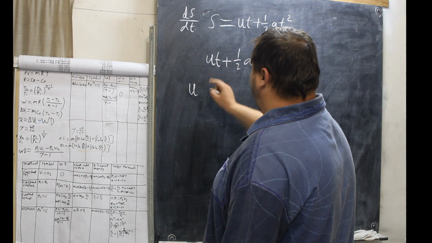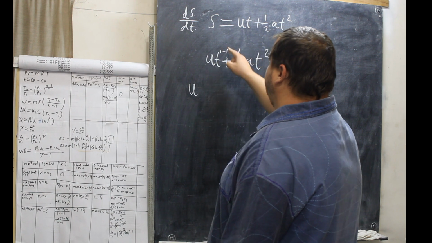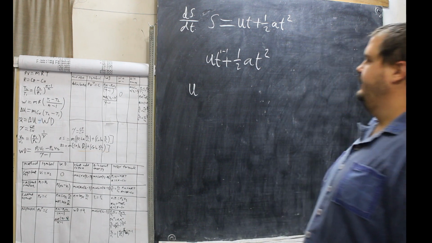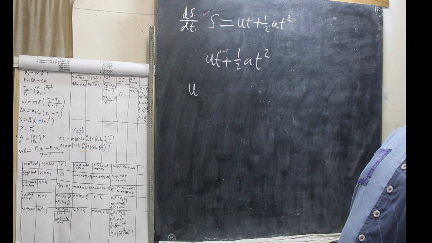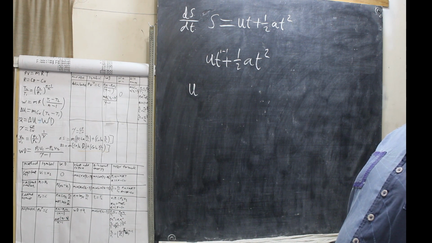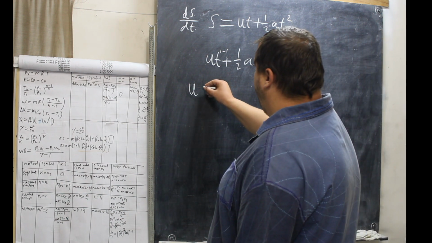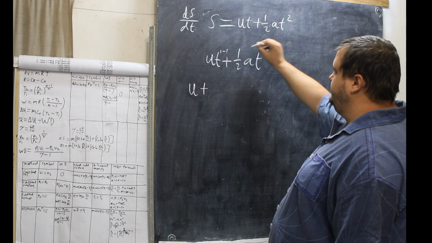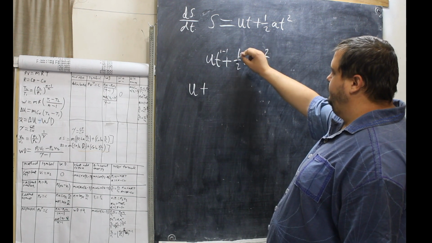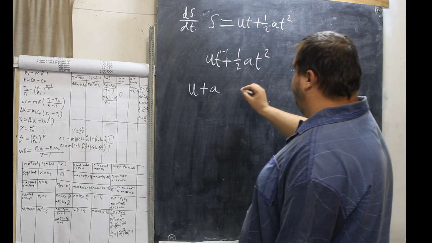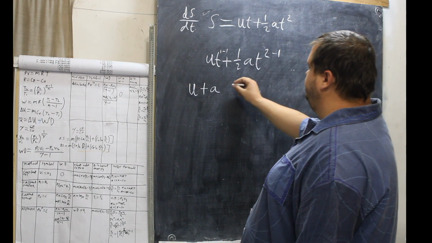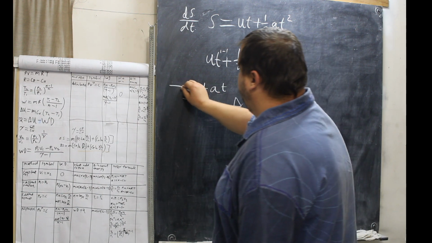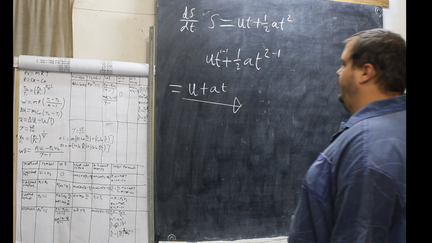That'll just be u, because 1 minus 1 is 0, and t to the power 0 is 1, so that's u, plus, now we multiply by the exponent, so 2 multiplied by a half is 1, which is a, t to the 2 minus 1, a t. And that is our sum, u plus at.